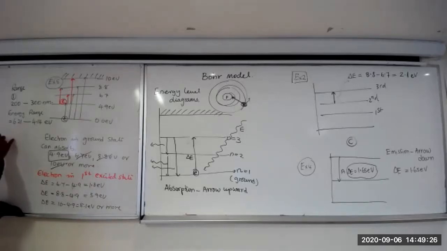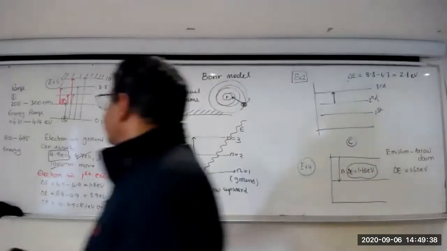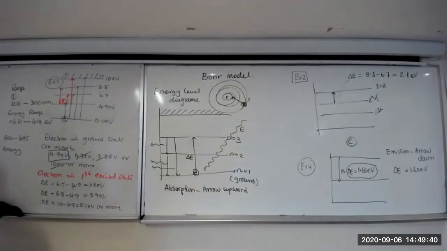The next range, 500 to 695. Energy range. 4.14 times 10 to the negative 15 times 3 times 10 to the 8 divided by 500 times 10 to the negative 9, you get 2.48.